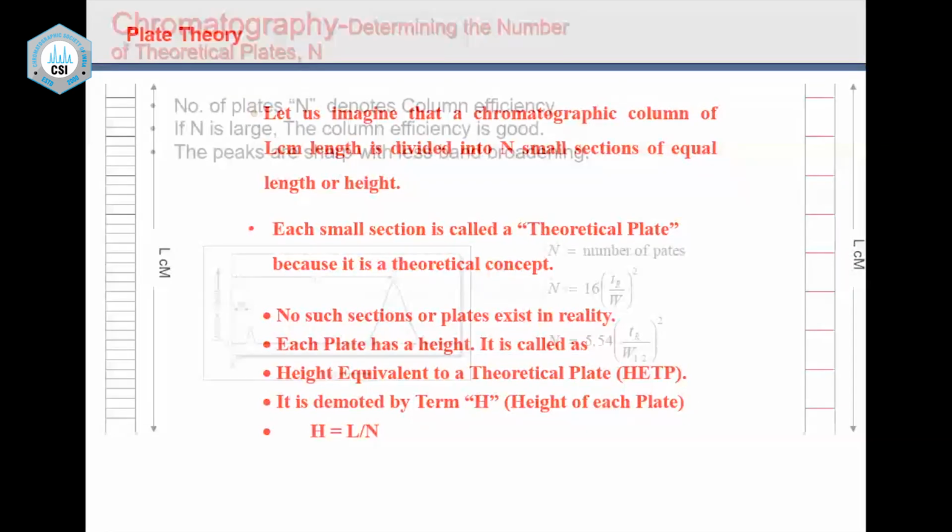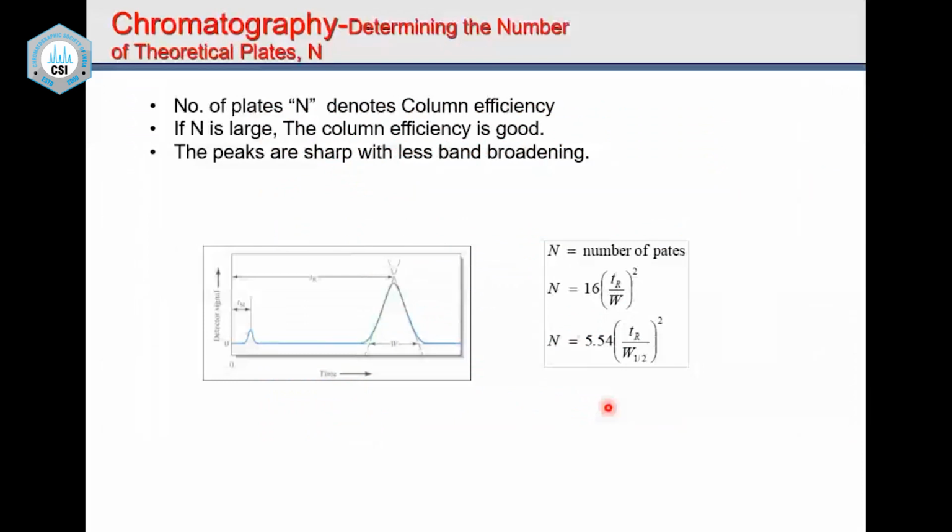We have to calculate the number of plates. So there is a simple equation by which we can calculate the number of plates. If we know the retention time of the peak, that means the time at which we have injected the sample into our chromatography equipment until you get the peak maxima, that is called the retention time of the peak.